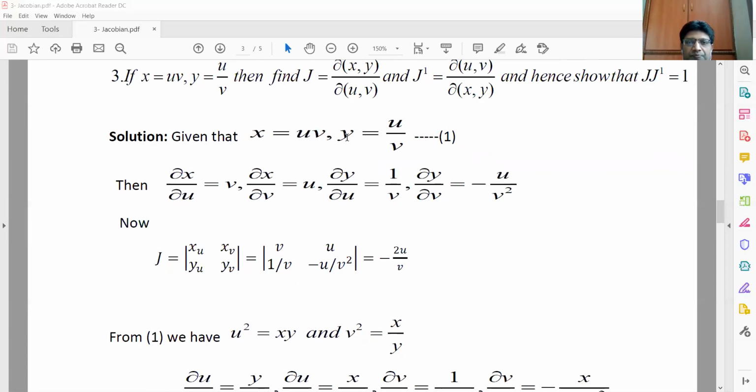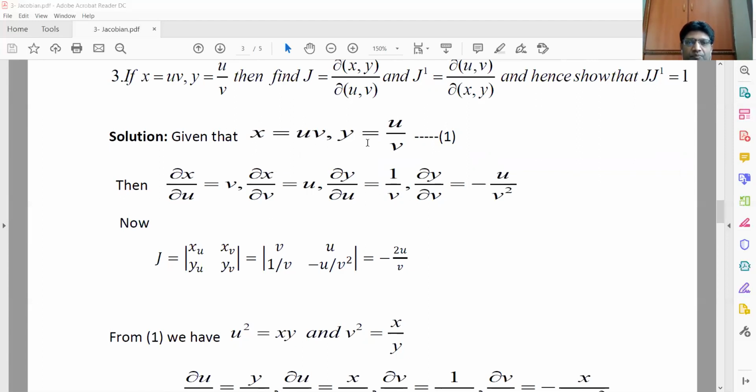But what is v? x by u. So from that, u square is xy. Otherwise you can write u is x by v, and u is also v y. If you multiply both, u square equals x by v into y v, the v v gets cancelled, giving xy. And v square I want.